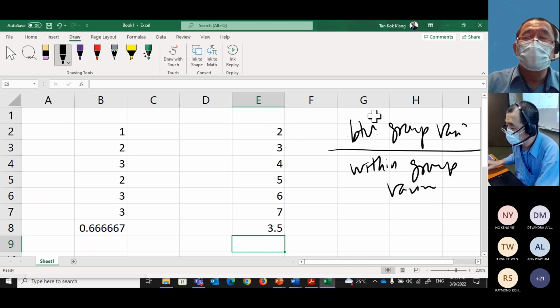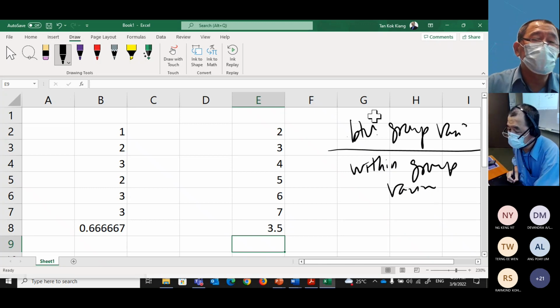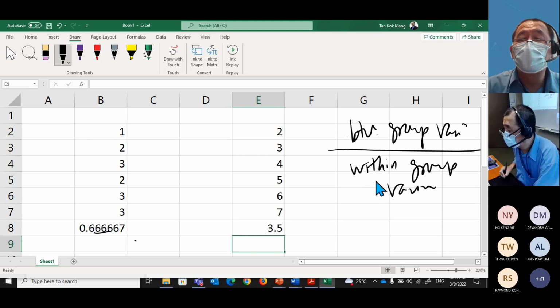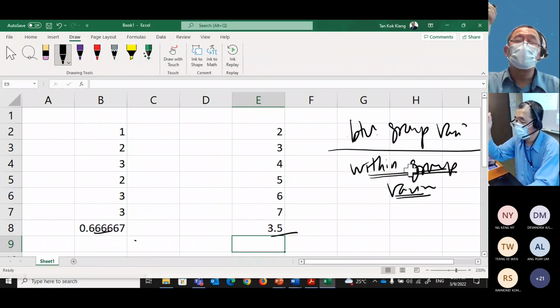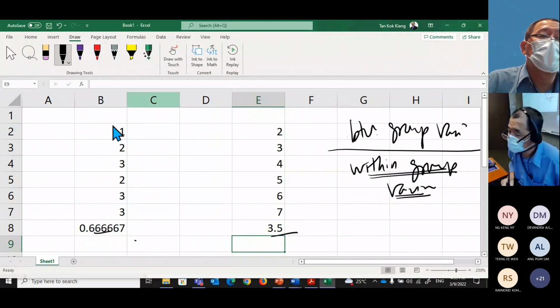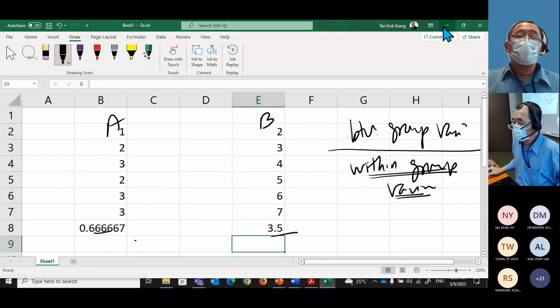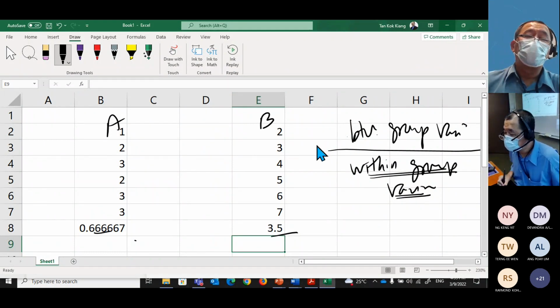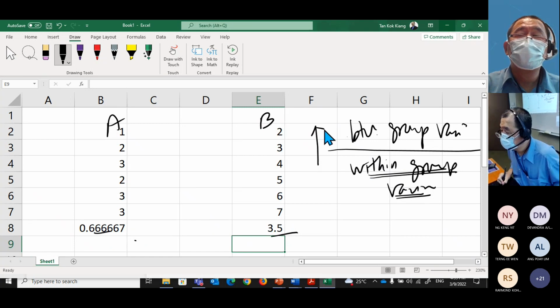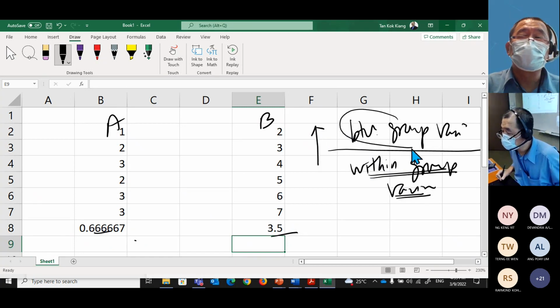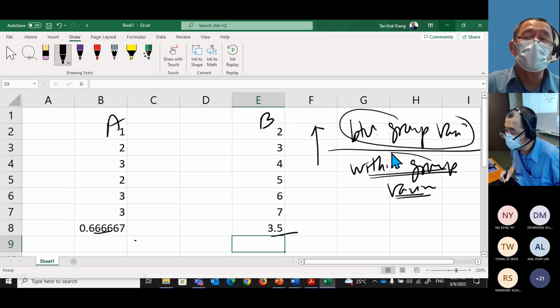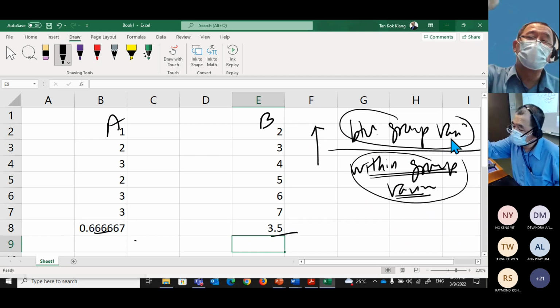So this 0.6 actually is within group variance. 3.5 is also within group variance, meaning within group A and within group B. You want to maximize this ratio. So this value should be large, and this value should be small. Only then can you maximize.